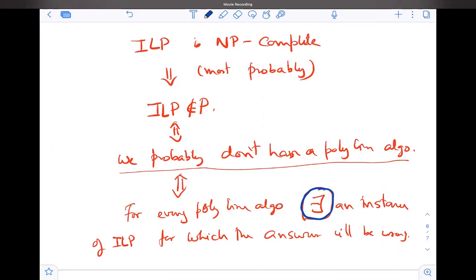But if I tell you that the graph that I'm going to give you is planar, then can you solve it? That is possible. Maybe possible. We are restricting the problem.